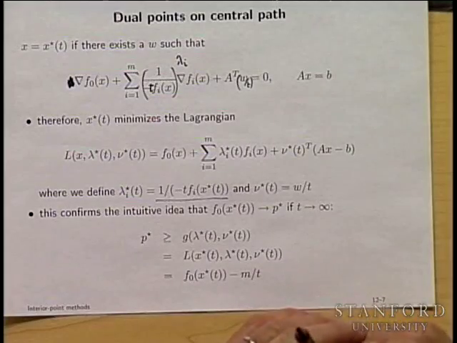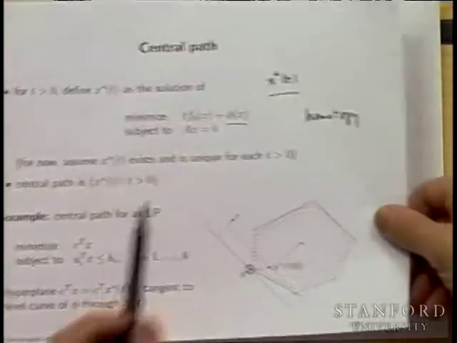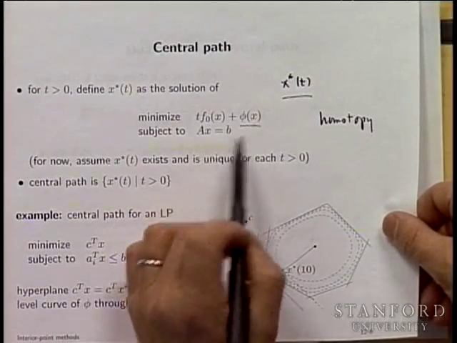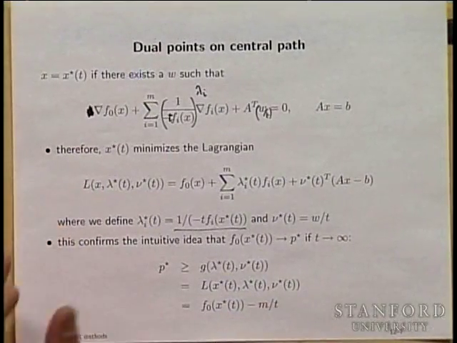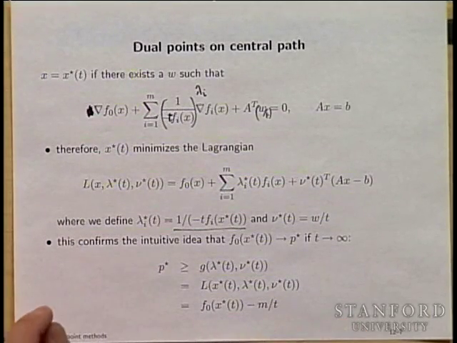If you minimize the Lagrangian, then it means you actually have a point that's dual feasible. And that means immediately you're going to get a lower bound on the original optimization problem. So let's see what happens. It's actually kind of interesting. If you minimize this, which you can do very easily for any value of t, using Newton's method, then whether you like it or not, you will get a dual feasible point for the original problem.